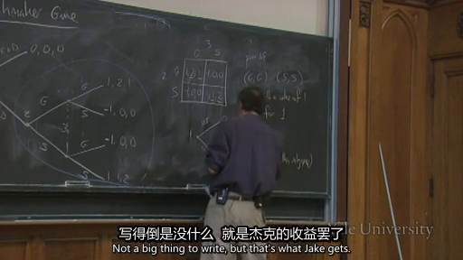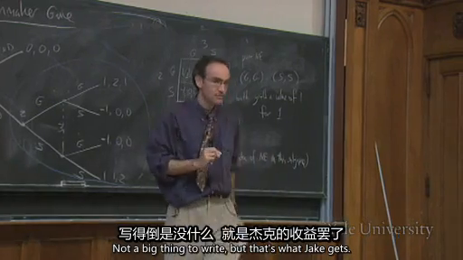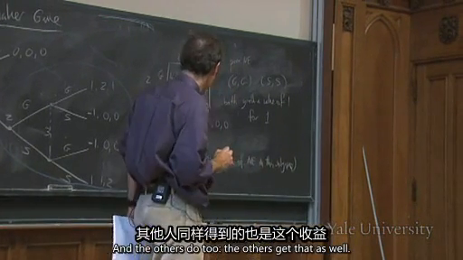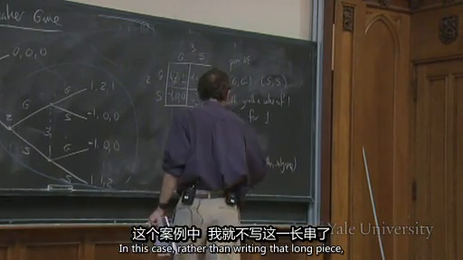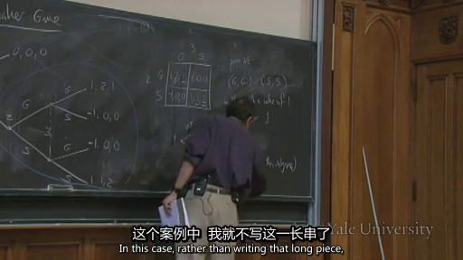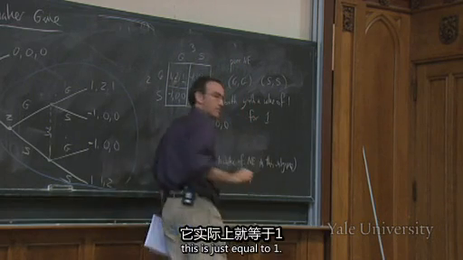Right, rather a big thing to write, but that's what Jake gets. And the others do too, the others get that as well. And in this case, rather than writing that long piece, this is just equal to 1.